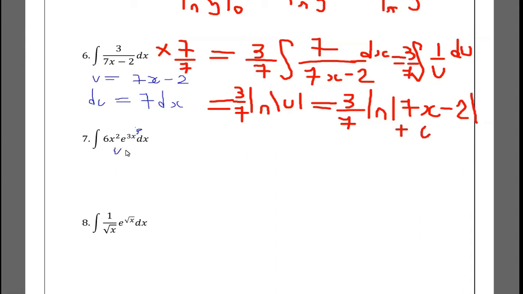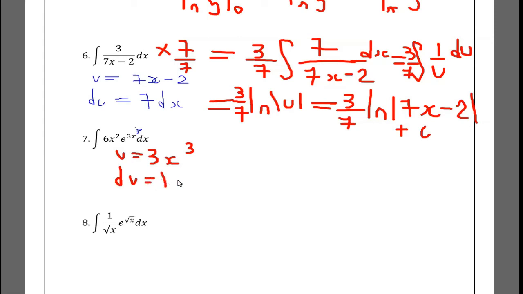If I call the power, 3x cubed, u, then du is going to be, bring down the power and subtract 1 from the power. So u is 3x cubed, and du is just 9x squared.